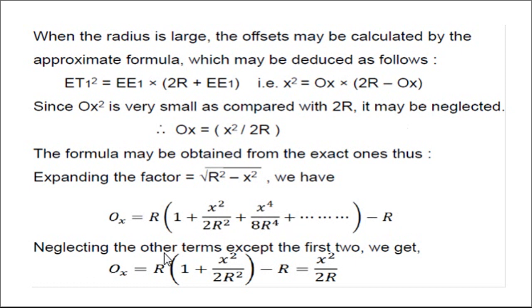Next, neglecting the other terms except the first two, we get OX is equal to R into (1 plus x squared divided by 2R squared) minus R, which is equal to x squared divided by 2R. So these two formulae we can use for finding out the value of OX.